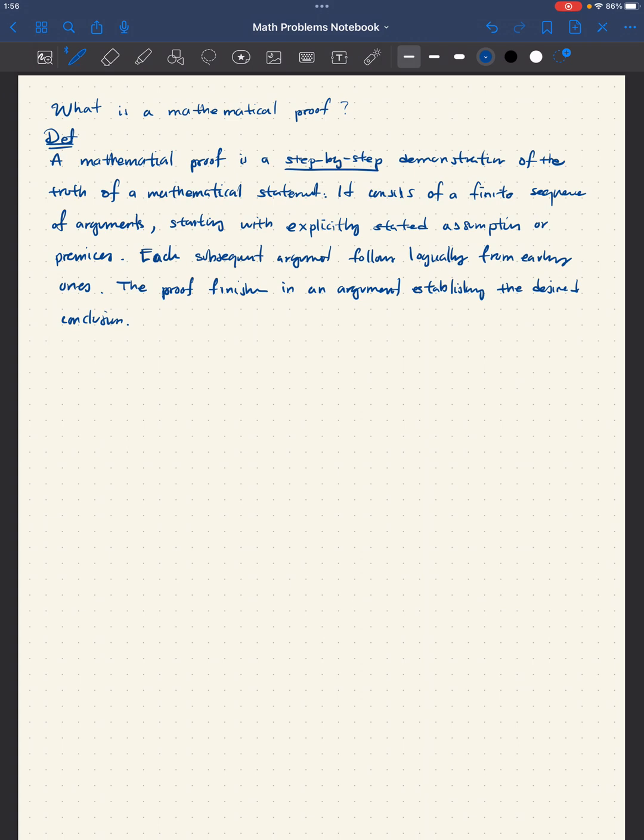Okay, and this is just providing undeniable evidence of the statement's validity. Okay, so let me start with an example. So something very concrete so that we can have our hands on.